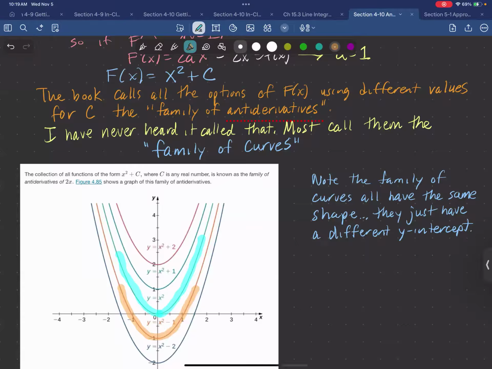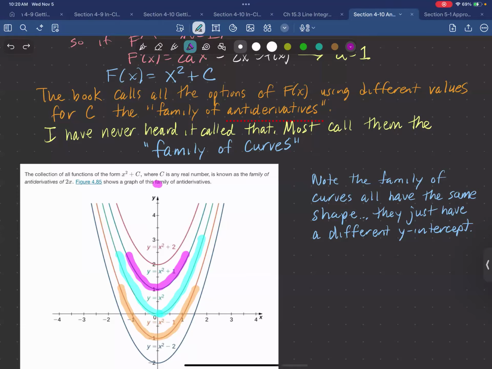And I could go up 1 instead. I could have x squared plus 1 and go up 1. And so there's a whole bunch of curves that look identical, just their height has changed. Effectively, they have a different y-intercept. That's the real shift. It does cause a change in the x-intercepts as well, but the graph isn't moving by the intercepts, it's moving up and down, so I'm going to focus on it just having a different y-intercept.